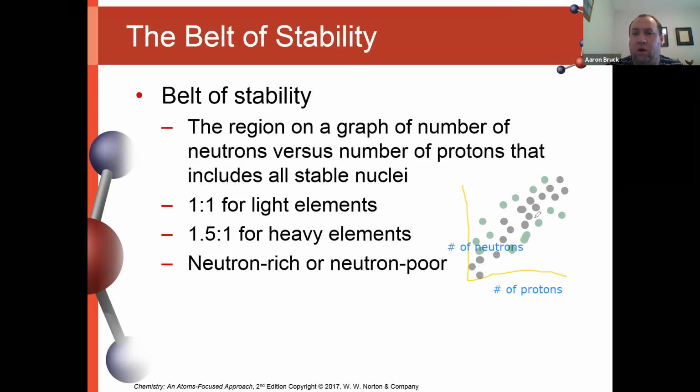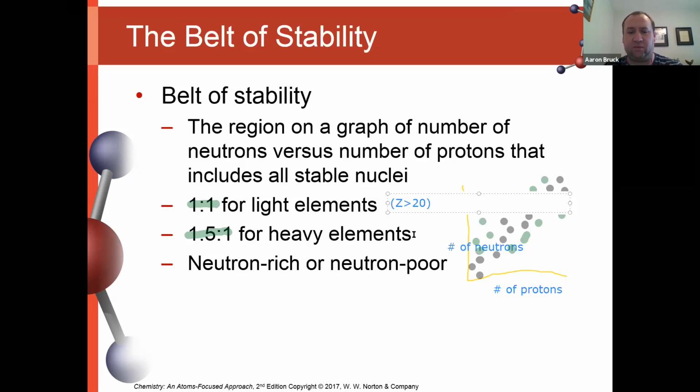Whether an isotope is in the belt of stability or outside of the belt largely depends on the ratio of neutrons to protons. For light elements, where our atomic number is less than 20, that ratio is about 1 to 1.